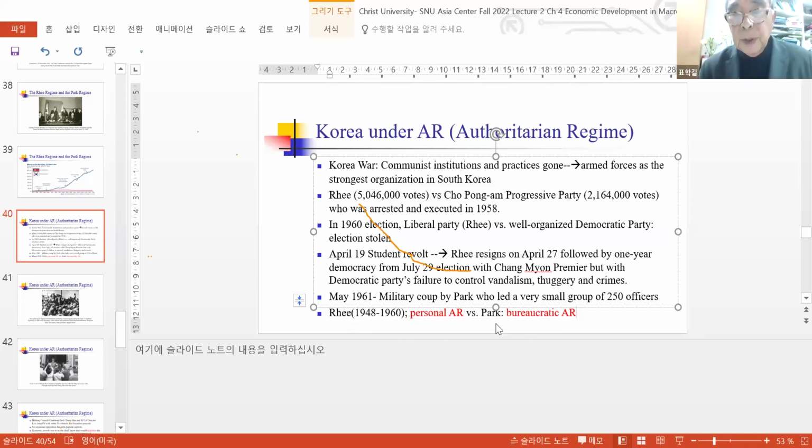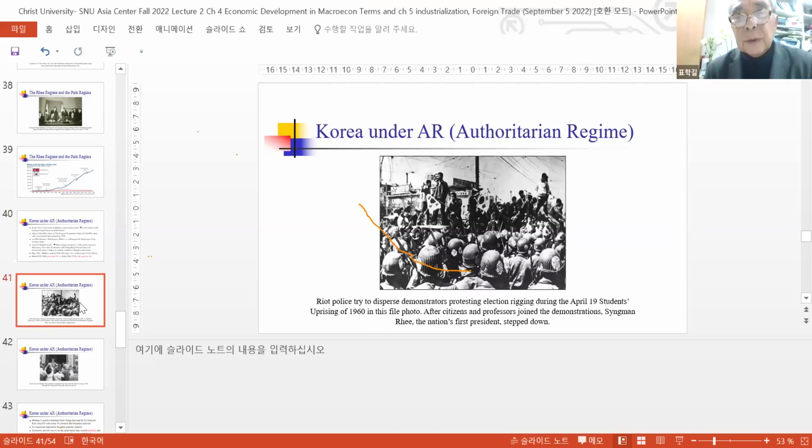Park regime, of course, 1962 to 1979. So bureaucratic regime. So this is Korea under authoritarian regime.